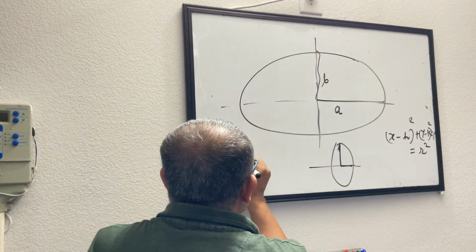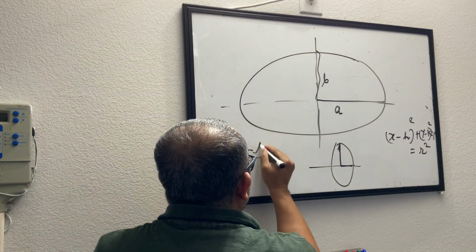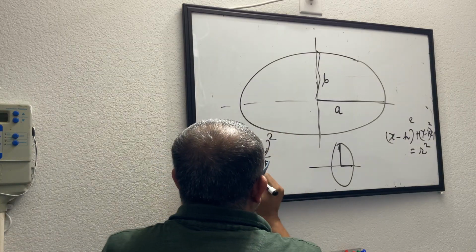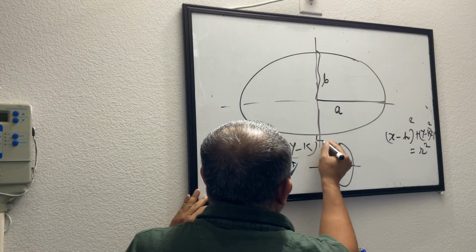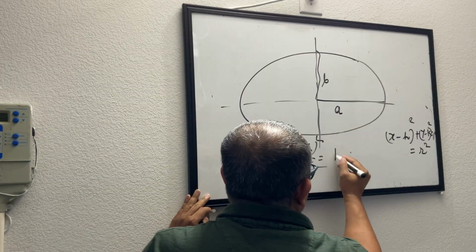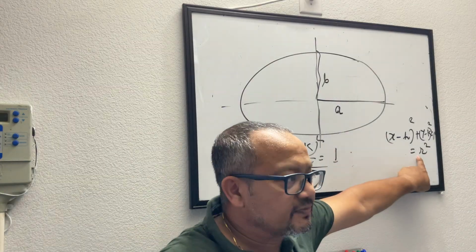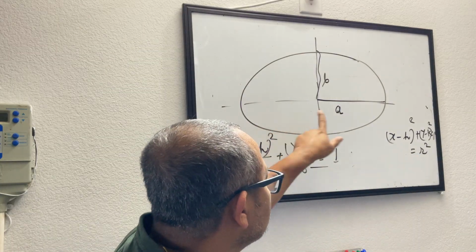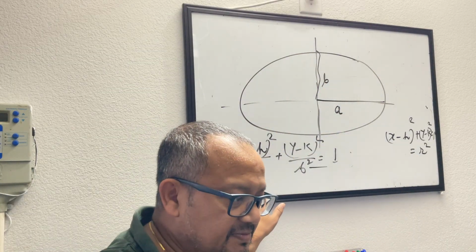And the equation for the ellipse is x minus h squared by a squared plus y minus k squared by b squared equals 1. So instead of r as one common radius for a circle, here you have two radiuses, one is major radius, one is minor radius, and this is the equation for the ellipse.